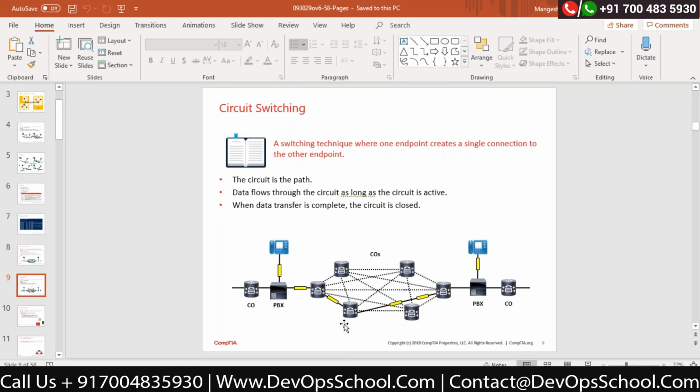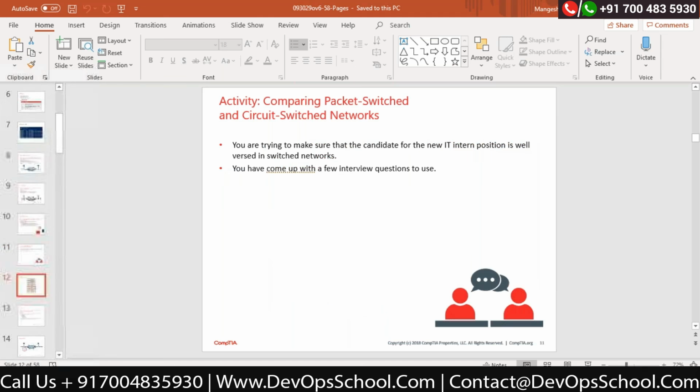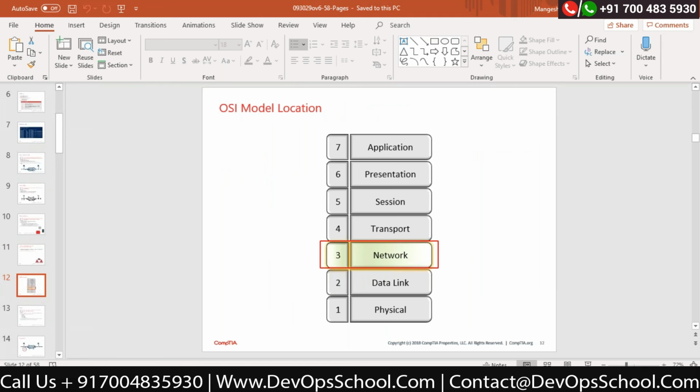In circuit switching, we are using a modem which is very slow. We are using an existing telephone connection, and we are using a circuit path to send the data from one location to another location.